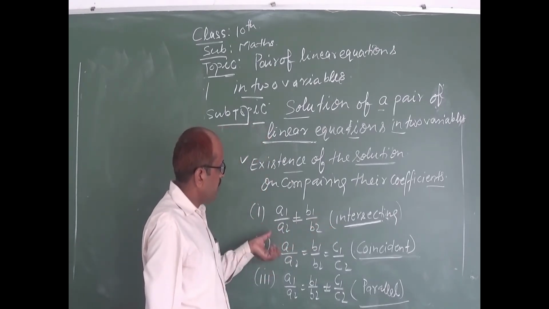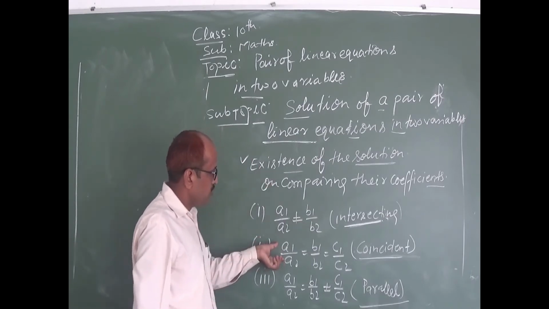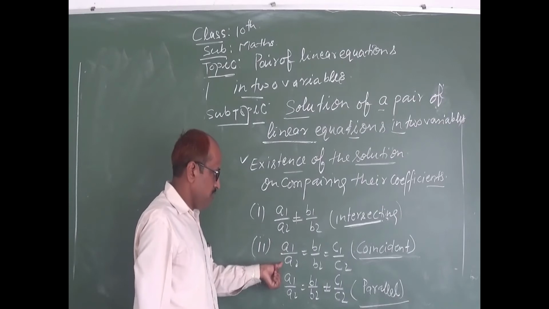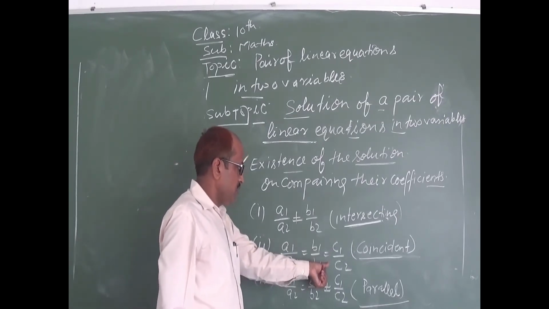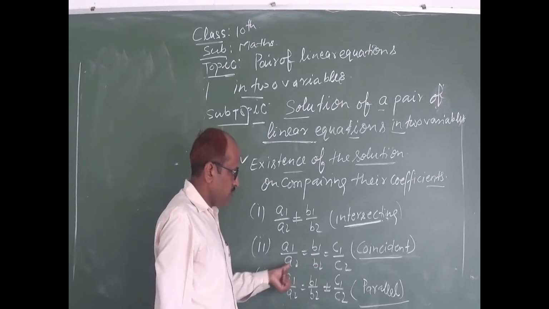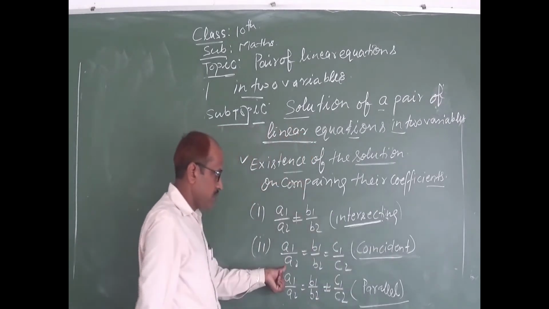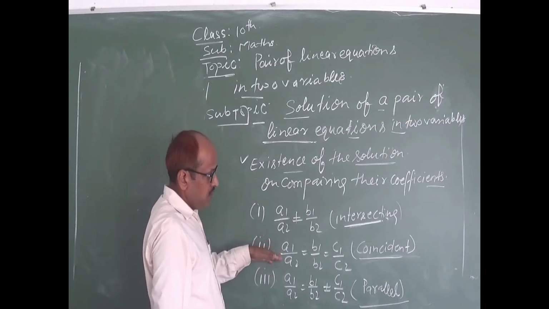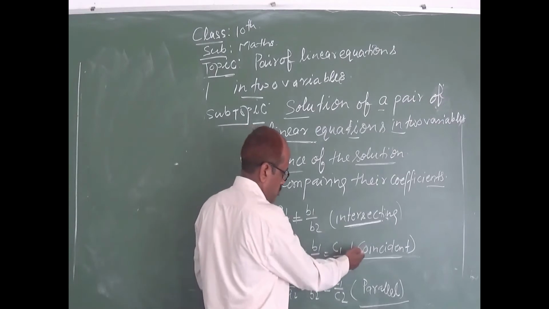And if the ratio of their coefficients a1 upon a2 is equal to b1 upon b2 is equal to c1 upon c2, then they are coincident, which means they are dependent, and dependent means they have infinitely many solutions.